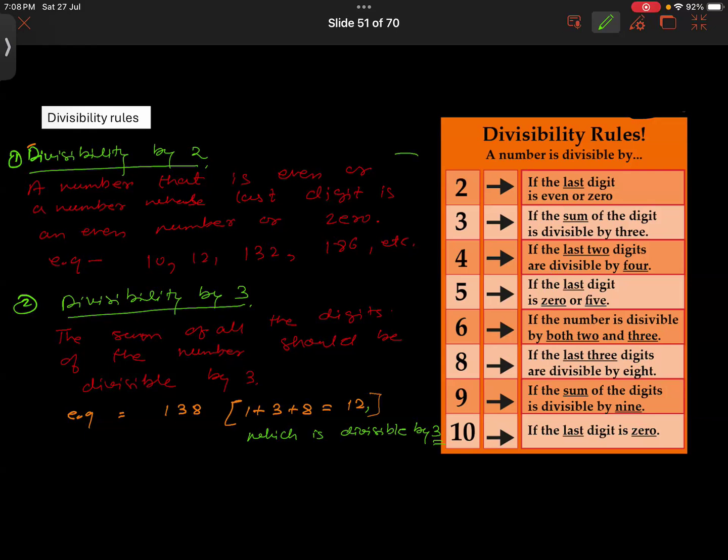Next, Habib, you give the topic divisibility by 4. If the last two digits are divisible by 4.